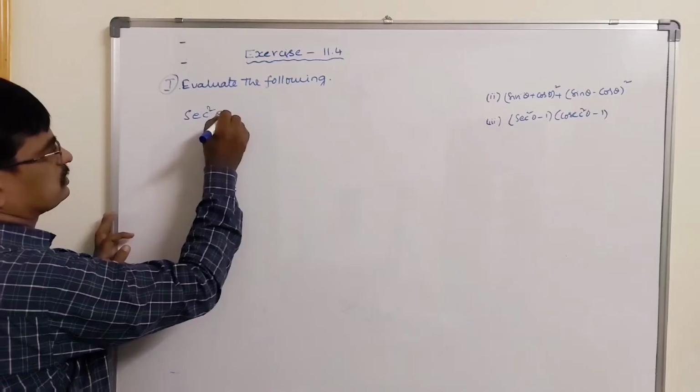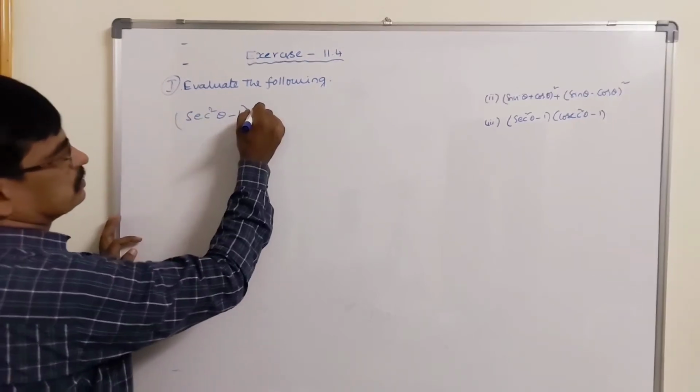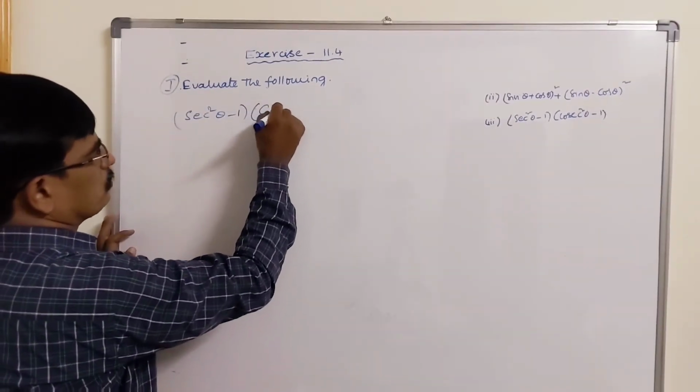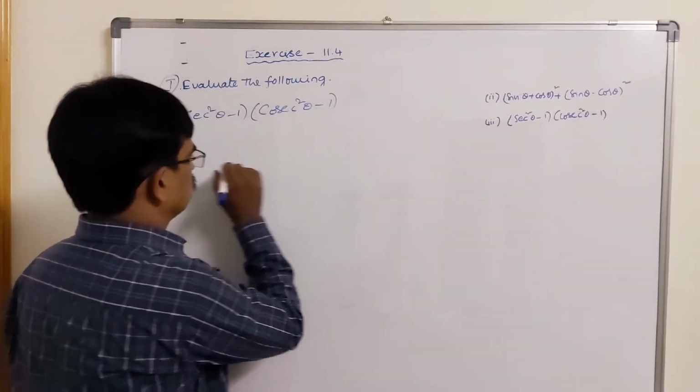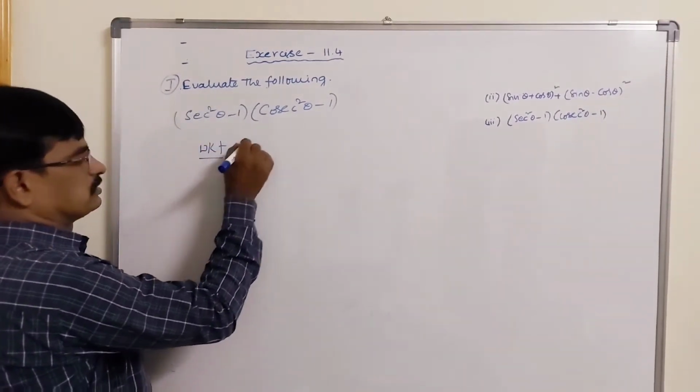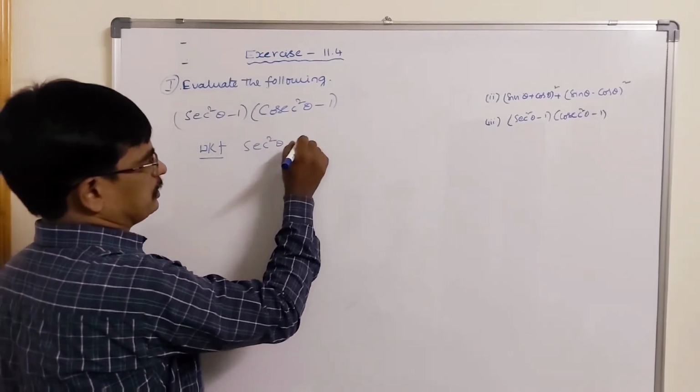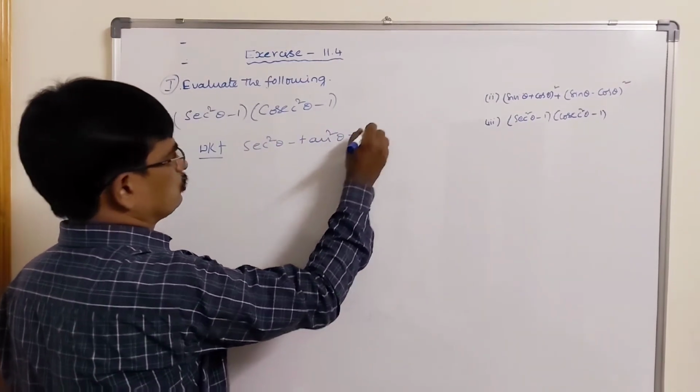Secant square theta minus 1 into cosecant square theta minus 1. We know that secant square theta minus tan square theta is equal to 1.